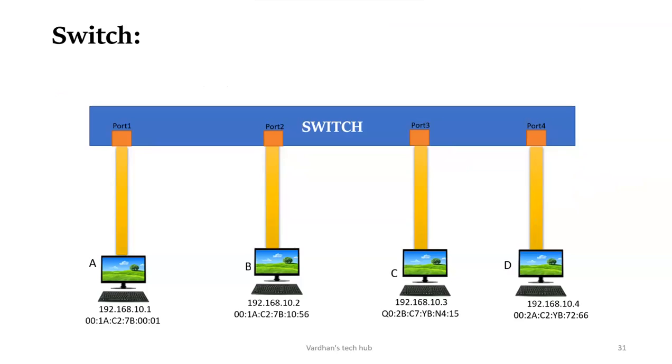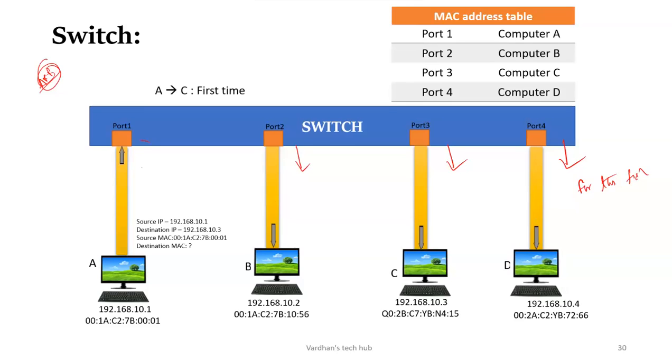Here we have a source IP, destination IP, and port number. The destination IP is 10.3. Though the traffic is received by all the ports, we are sending the traffic to this IP address only, 10.3. So this device recognizes it's my traffic, because it can see its own IP address in the request.